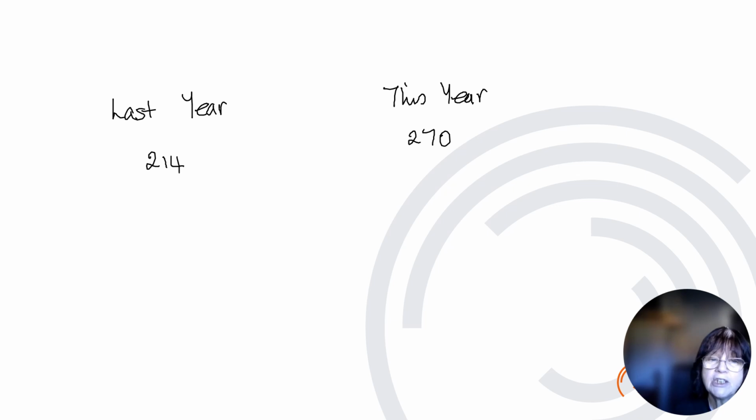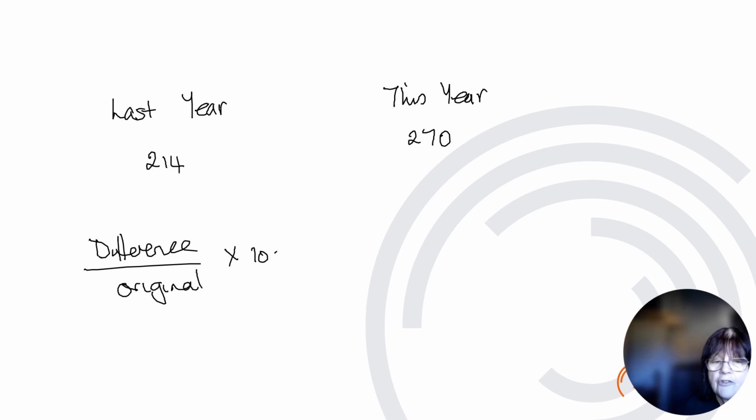So last year 214, this year 270. Is that greater than the 25% increase being asked by the head? Right, so we need to do the difference divided by the original times by 100. So let's have a little look.